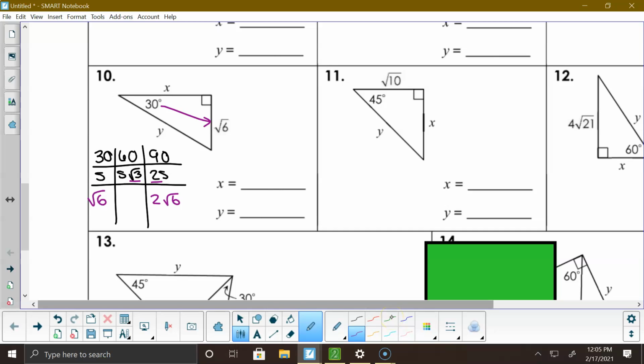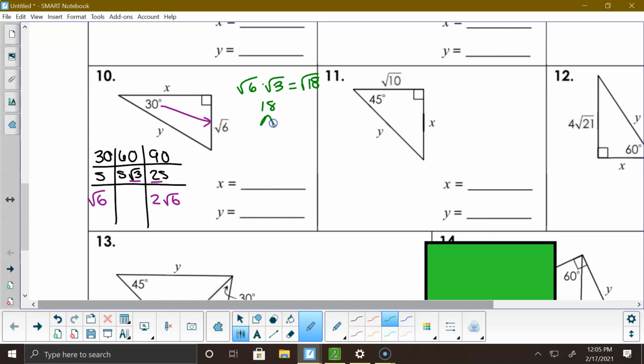Now the one that's going to be a little weird is the middle. All right, so I've got square root of 6 times square root of 3. What is 6 times 3? 18. Can I simplify root 18? Can I take any perfect square out? What about a 9?